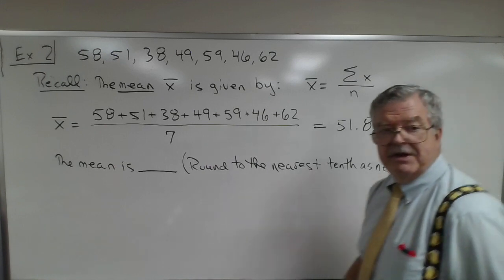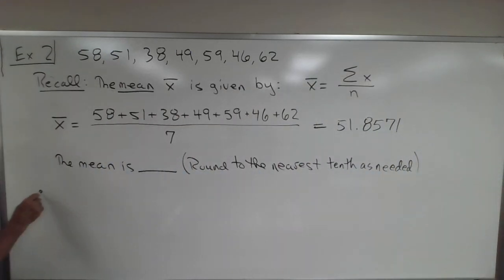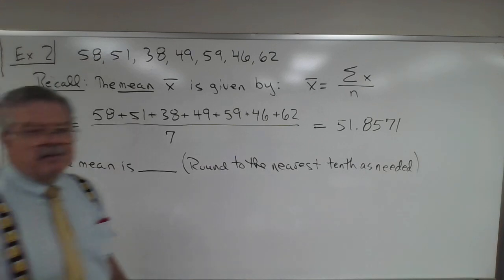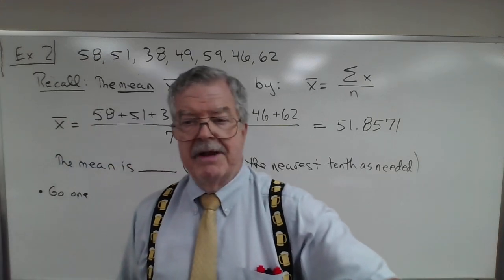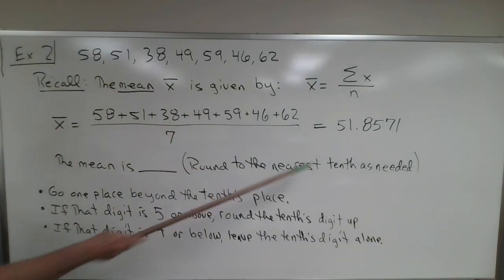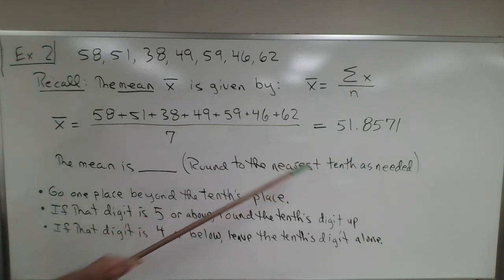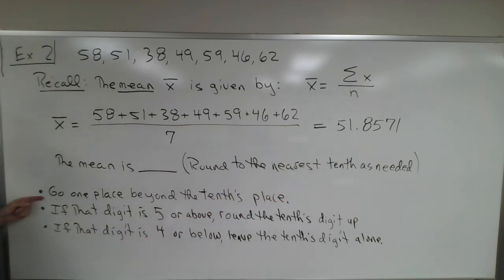Now here's how we do that. Tell you what, I'm going to put it on pause for a second and write. Okay, they tell us to round this number to the nearest tenth as needed. So here's how we do that. Go one place beyond the tenths place.